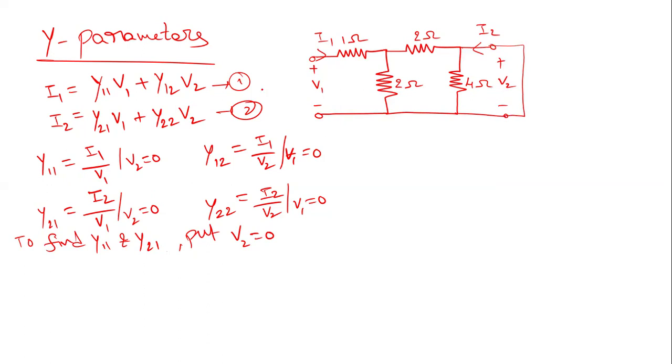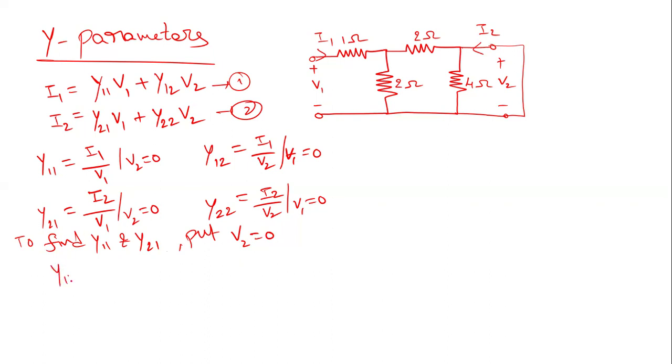A voltage source of 0 volts means we need to replace it with its internal resistance. Let us consider V2 an ideal voltage source, so this will be short circuited. Now we find the variables V1, I1 and I2 in terms of the parameters or the ratio.